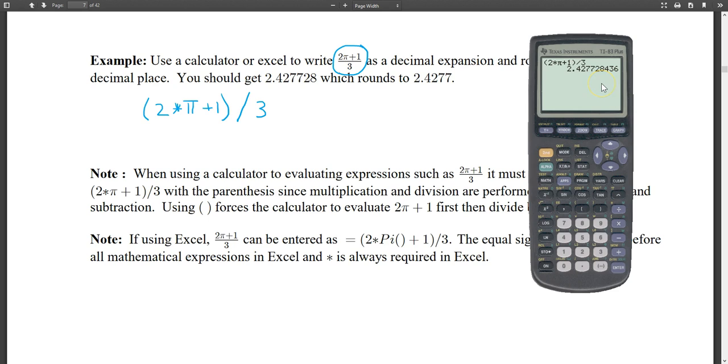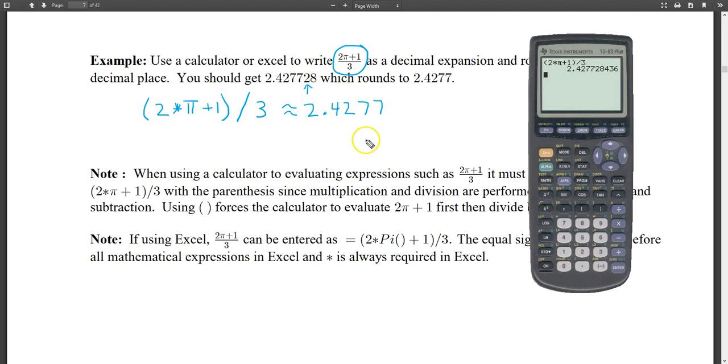And then if we want to round that to the 4th decimal place, we would go to the 5th place, right here is a 2. And so we would just say that this is approximately 2.4277. And that's rounded to the 4th decimal place because the digit in the 5th place is less than or equal to 4. Right, and that's our answer.